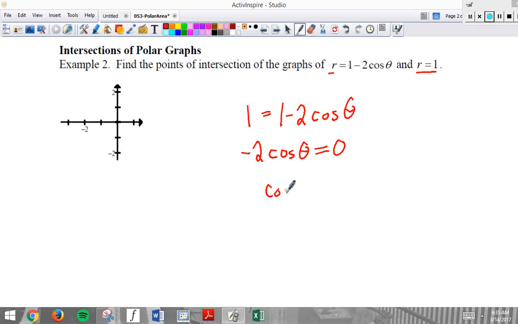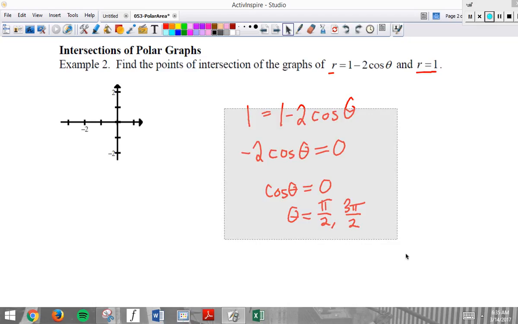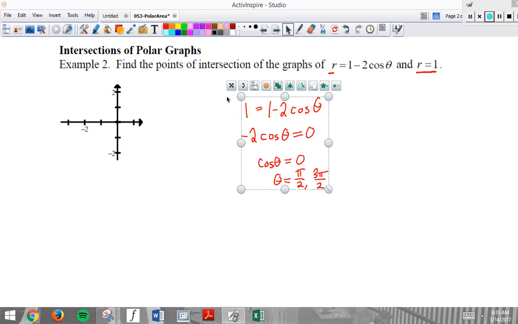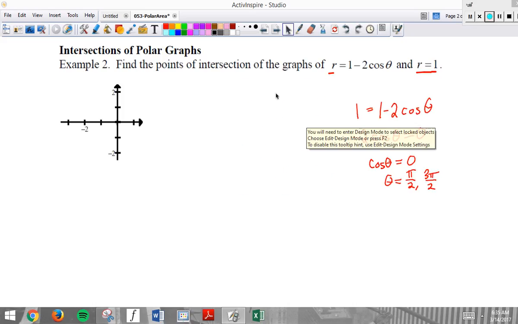Cosine theta equals 0. Theta will be like pi over 2 and 3 pi over 2. Now the problem with polar coordinates is that this is misleading in a major way. So you always need to be careful to draw the graphs.